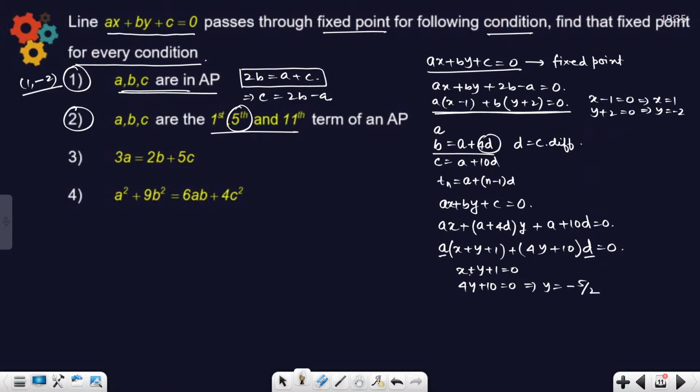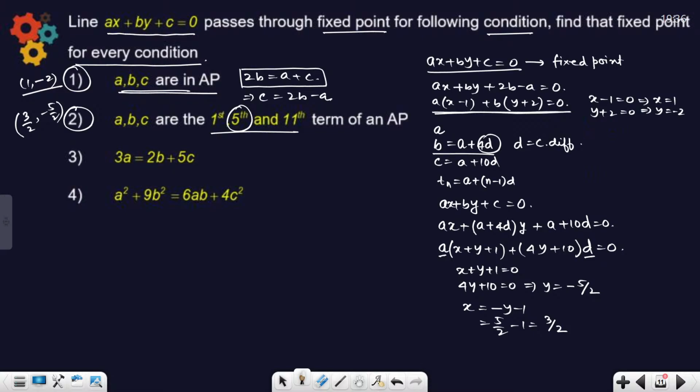And if I put the value of y in the first equation, we are going to have... is it clear? So what is that fixed point? It is 3, minus 5 over 2. That's it.